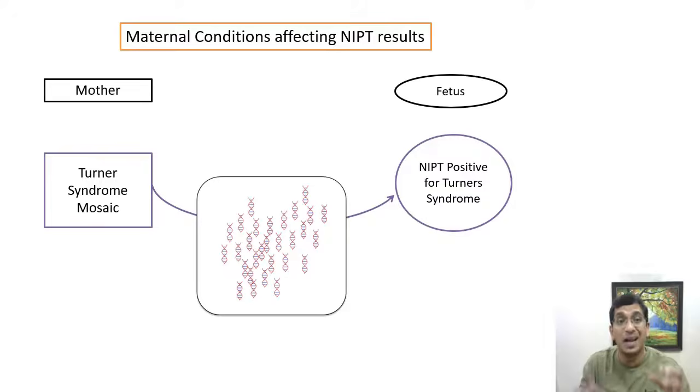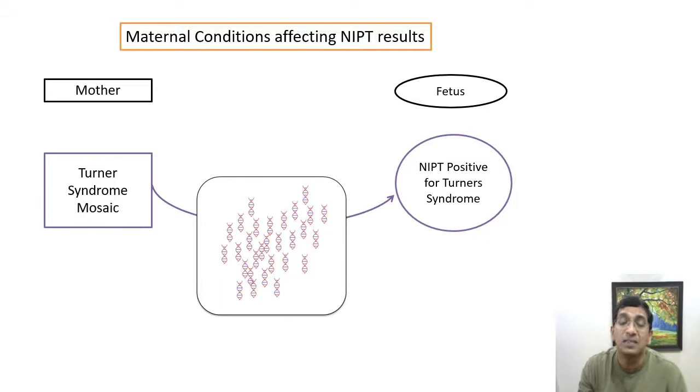When the mother becomes pregnant and you do NIPT, there will be an effect of her own cell-free DNA, and the fetus might be reported as NIPT high risk for Turner syndrome. So if a fetus shows an NIPT report as high risk for Turner syndrome, you should always confirm by amniocentesis, and if it is normal, you can consider testing the mother for Turner syndrome.